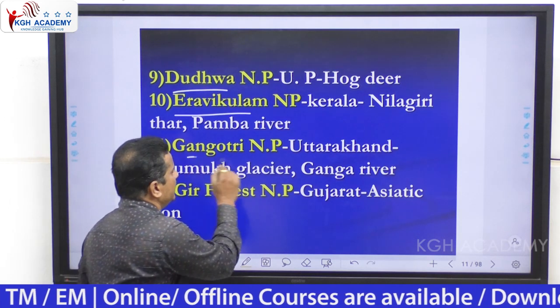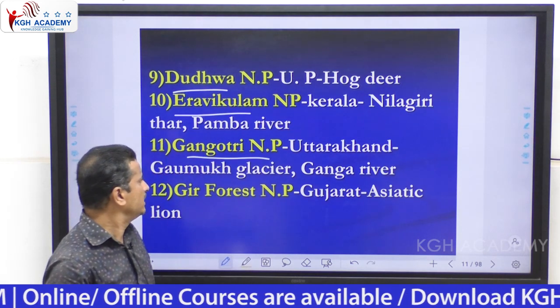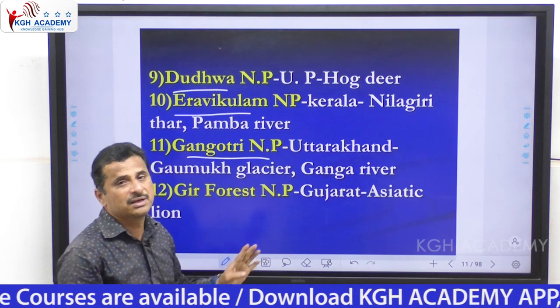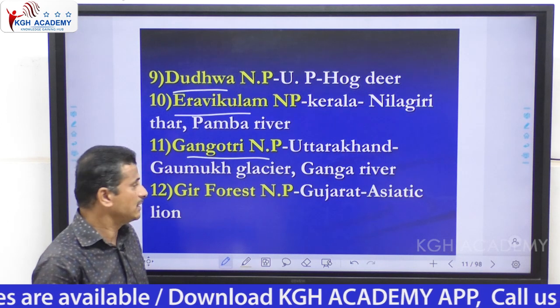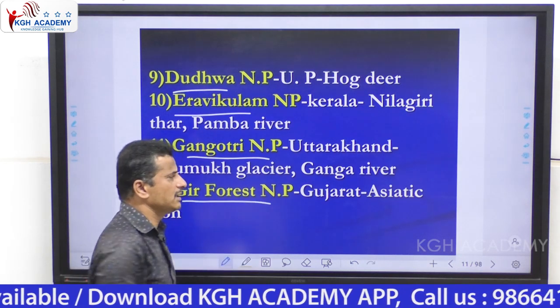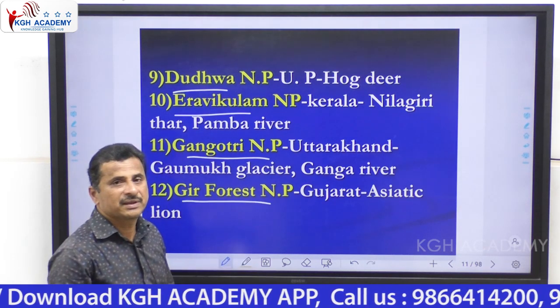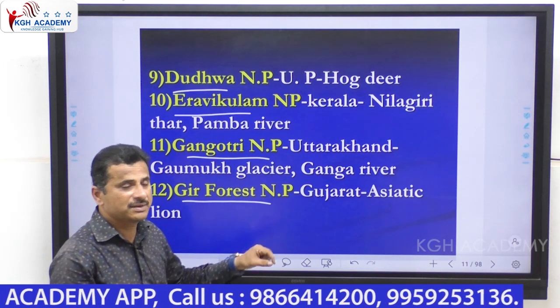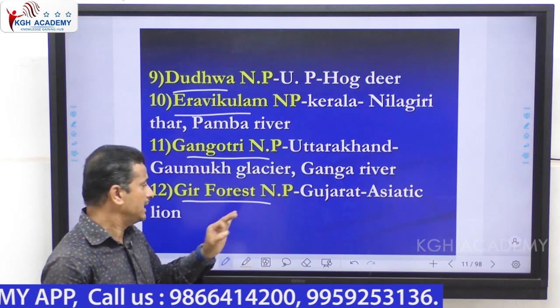Next is Gangotri National Park, Uttarakhand, where the Gomukh Glacier is present and the Ganga River flows through this national park. Gir Forest National Park is present in Gujarat, famous for Asiatic lions.